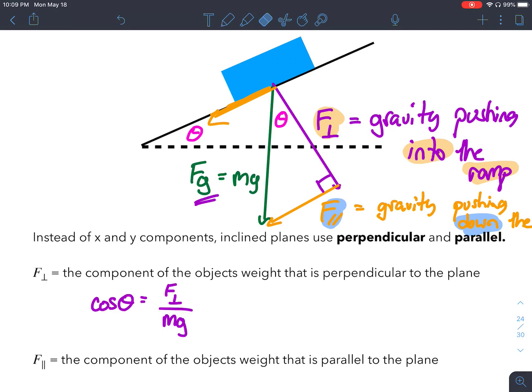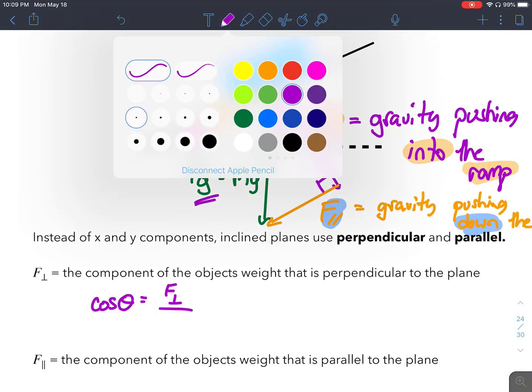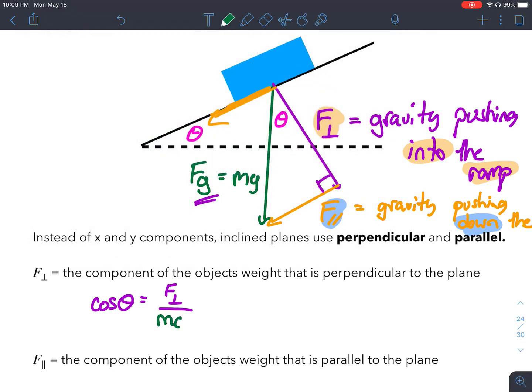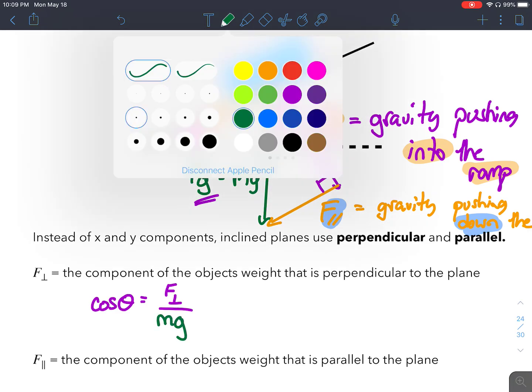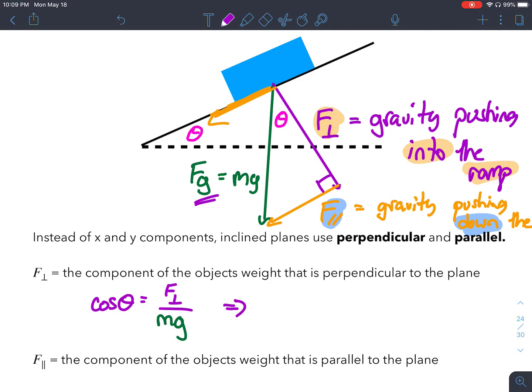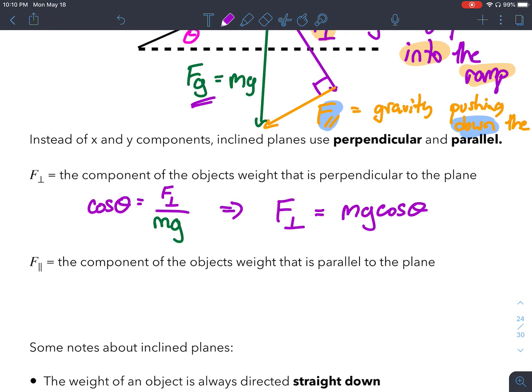This is our force of gravity, which means we can solve for the fact that F perpendicular is mg times the cosine of our angle theta. That is the perpendicular force of gravity, and when I say perpendicular, I mean into the plane.